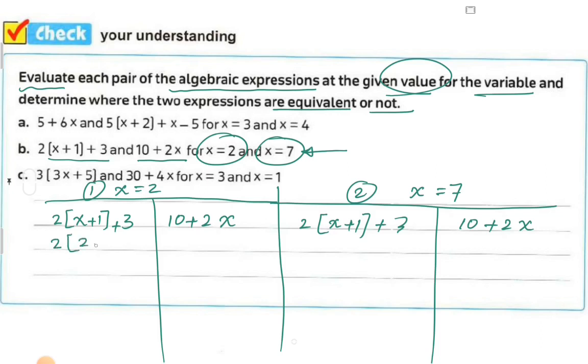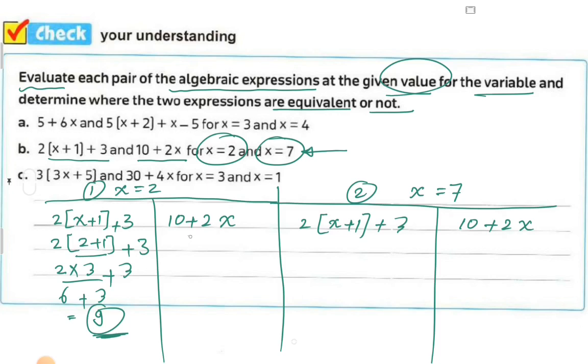2(2 + 1) + 3. Okay, 2 times, start with parentheses, 2 parentheses means 2 times the parentheses result, equal 3, plus 3. Start with multiply, equal 6 plus 3 equals 9. So we have 9 for the first expression in the first trial.